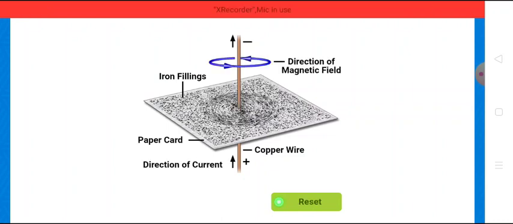Obviously, it was in the form of concentric circles. So, in this manner, we can understand that the magnetic field created around a straight current carrying conductor is in the shape of concentric circles, and it depends upon some factors. It is dependent upon the strength of the current directly, and it is inversely dependent upon the distance from the current carrying wire.